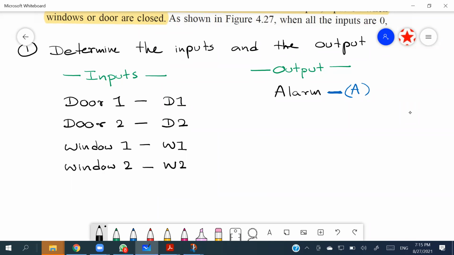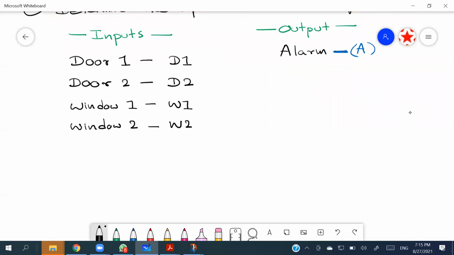So the next step is about figuring out what the states of these inputs and outputs are. I think you can stay for another 5 minutes, right?